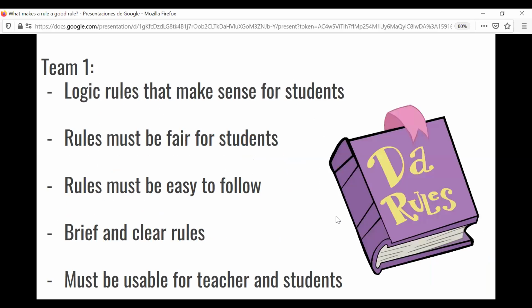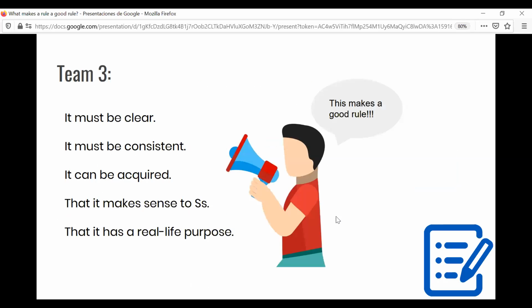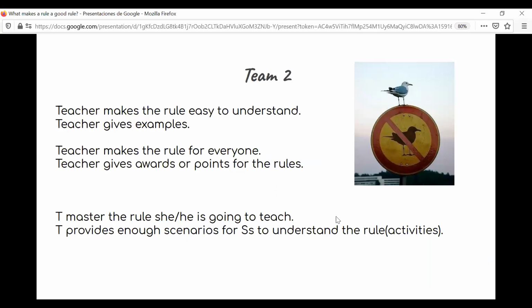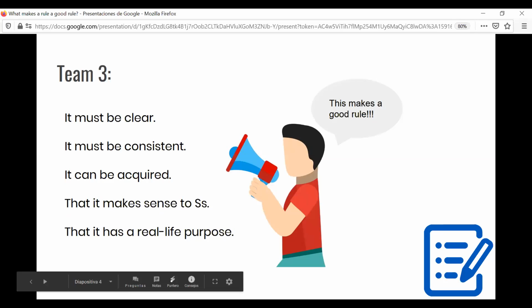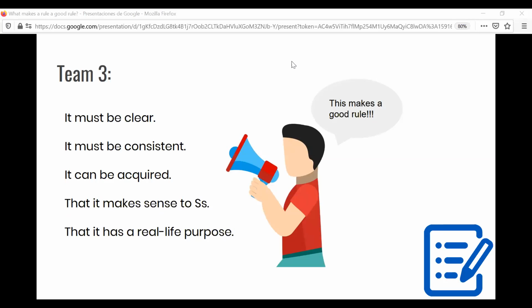Trying to tell your students how to behave if they want to participate, if they have to tell you the answer or raise their hand. So we must consider this. Also, I notice here how to explain the rules according to the grammar, that they have to be understandable, provide examples, and that they have to be acquired. Very good, excellent.